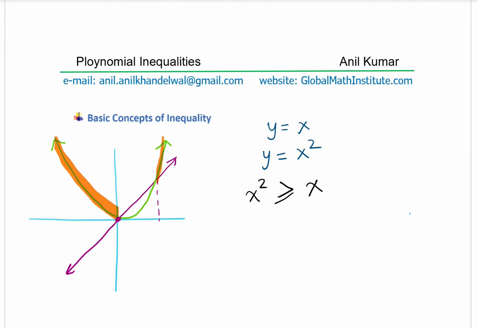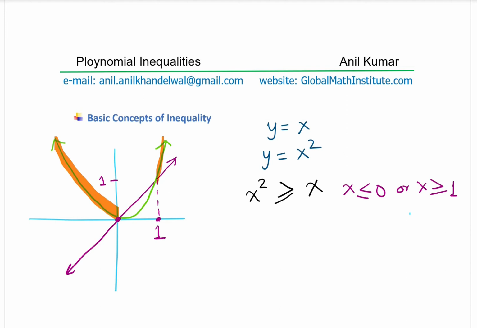These are included this time since we have greater than or equal to. The region of our interest is where x is less than or equal to 0 or x is greater than or equal to the point of intersection, which is going to be 1 on the graph. Does it make sense to you? That is how you have to look at the situations.